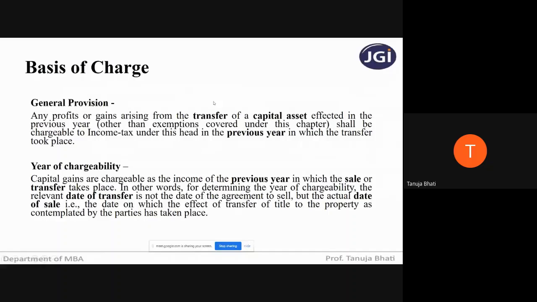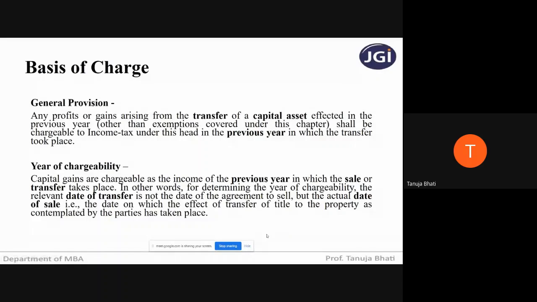So students, by this slide you need to understand that capital gains shall be taxable in the previous year in which the capital asset is transferred from one party to another. And to be taxed under this head, two things are mandatory: there has to be a transfer, which is nothing but a sale, and there has to be a capital asset. I hope everyone has understood this slide.